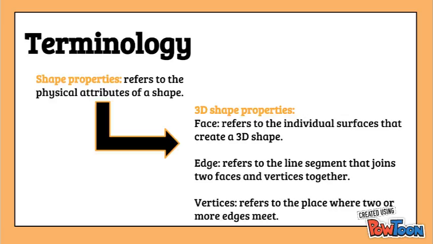A face refers to the individual surface that creates a 3D shape. Edges refer to the line segments that join two faces or vertices together. A vertex refers to the place where two or more edges meet.